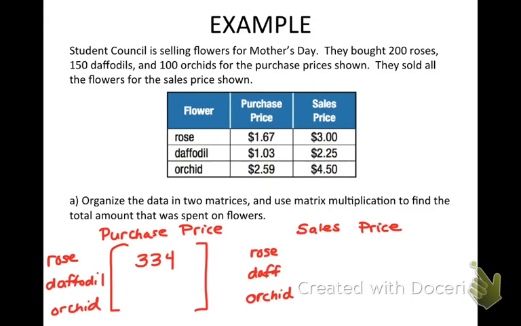Okay. Daffodils. How many do we have there? 150 times 1.03. 154.50. Orchids. 100. That's easy. 259.